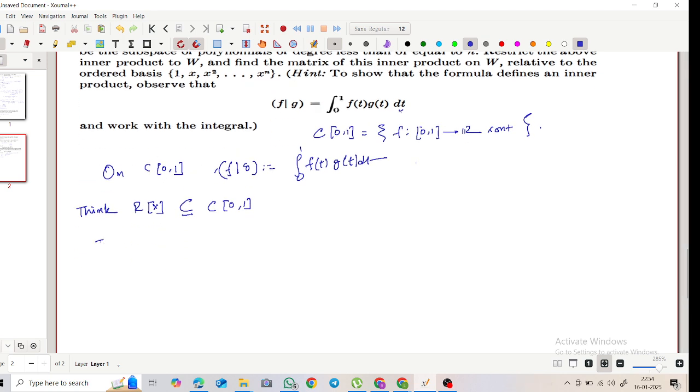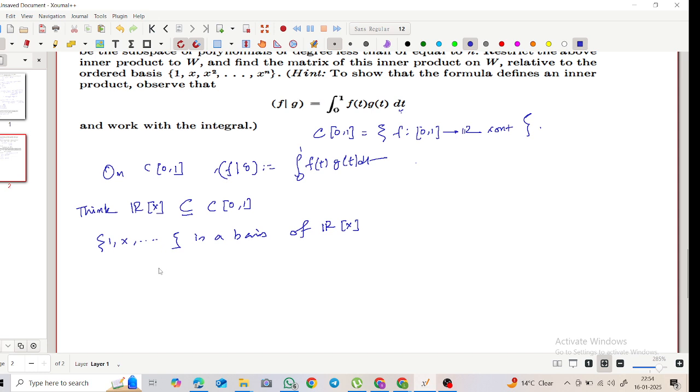Another thing we know is that this is also a basis of R[x], right?